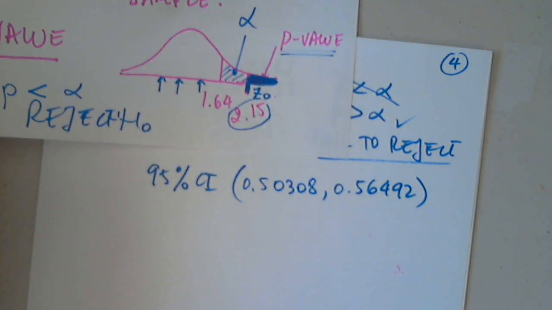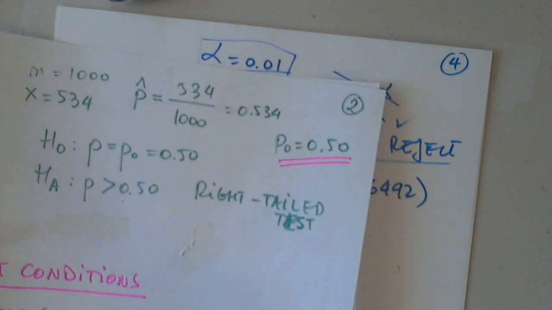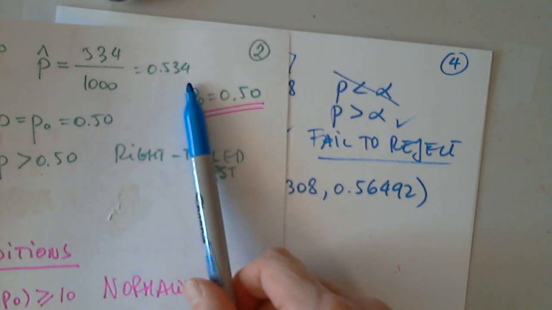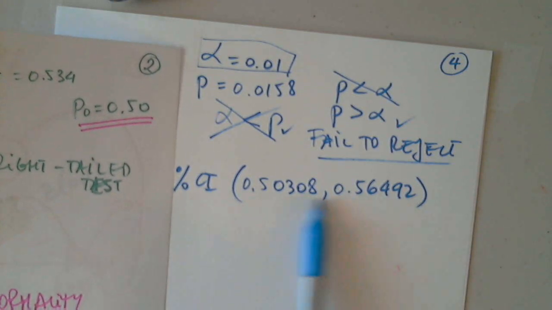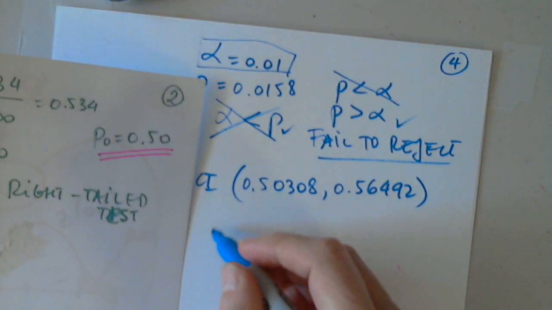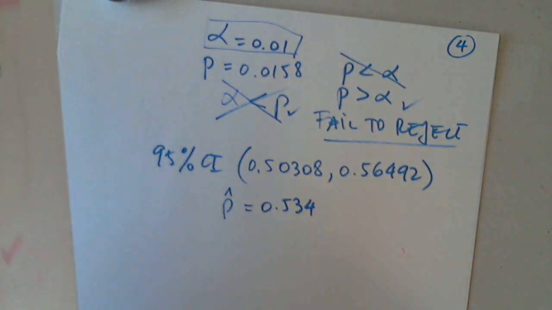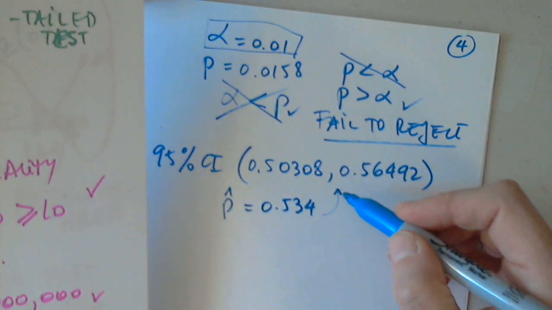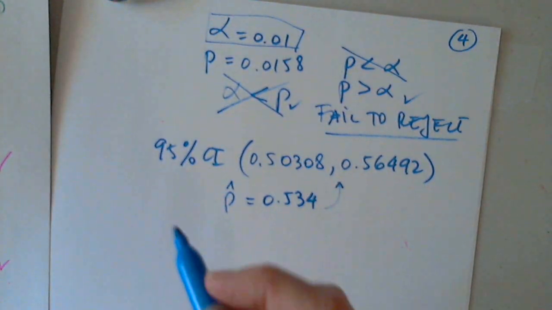We got that the proportion, what was it, 0.534. 0.534 is in this interval. So p hat, 0.534, is in this interval at 95% confidence, right?